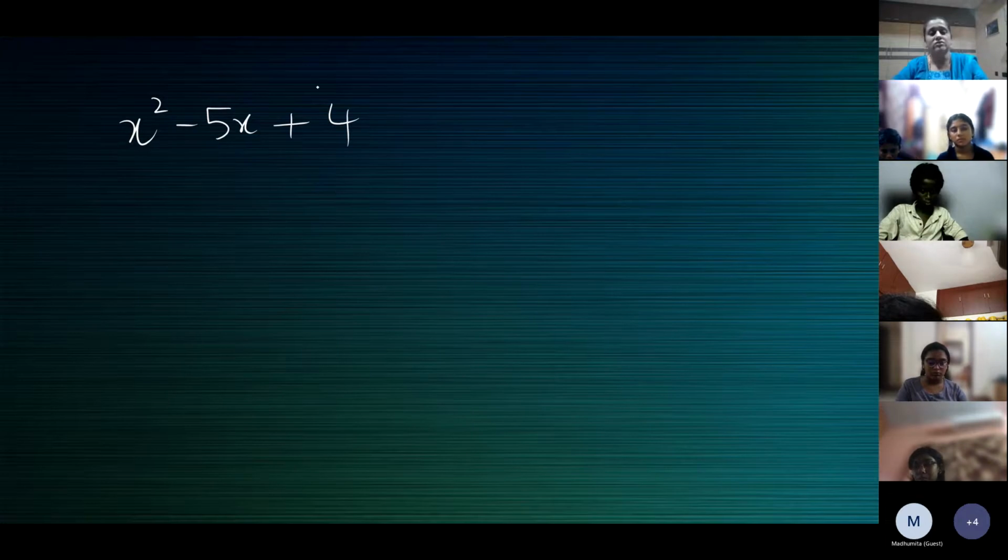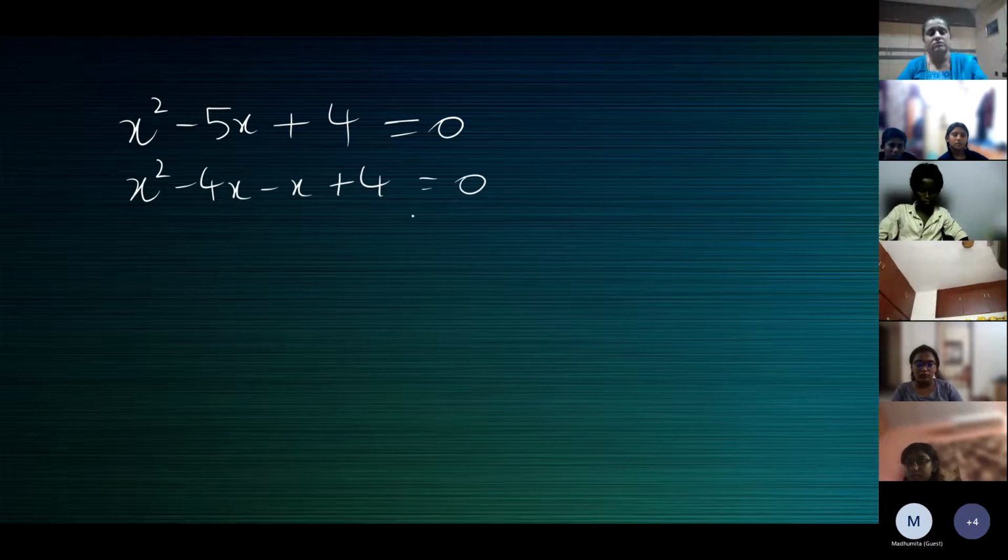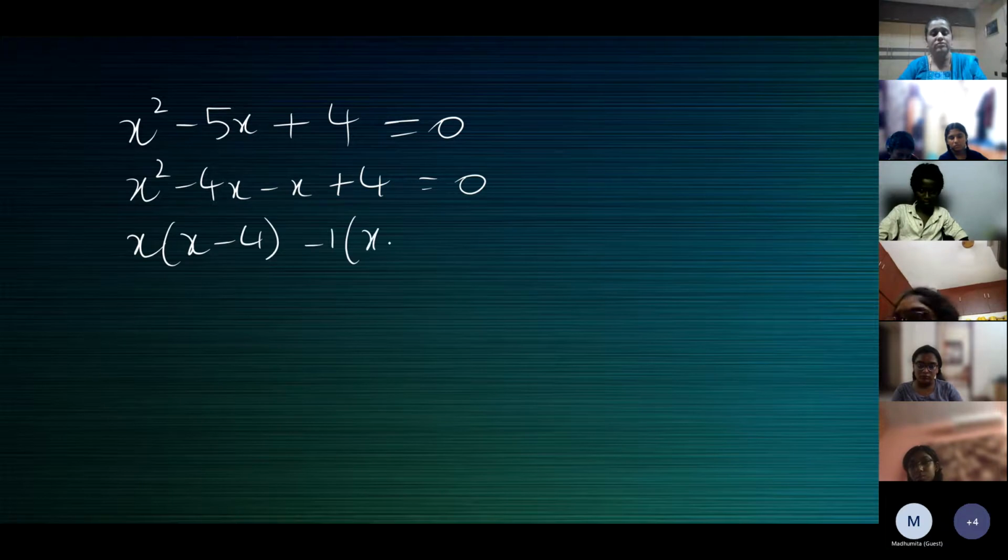So how do we find the zeros? Equate it to 0 and solve it by splitting the middle term. So x squared minus 4x minus x plus 4 is equal to 0. The product is 4 and the sum is minus 5. So we split the middle term: x into x minus 4 minus 1 into x minus 4 is equal to 0.